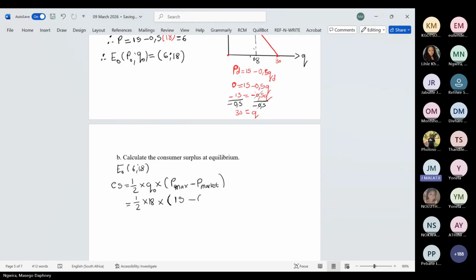Someone please assist with the calculator. It's 81. That's our consumer surplus. So it means it's 81 rand.